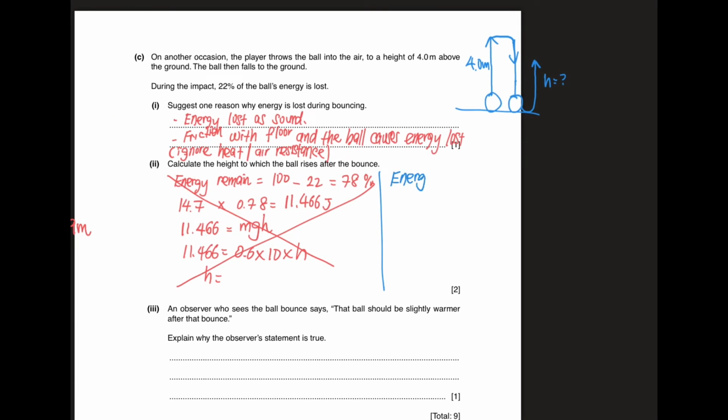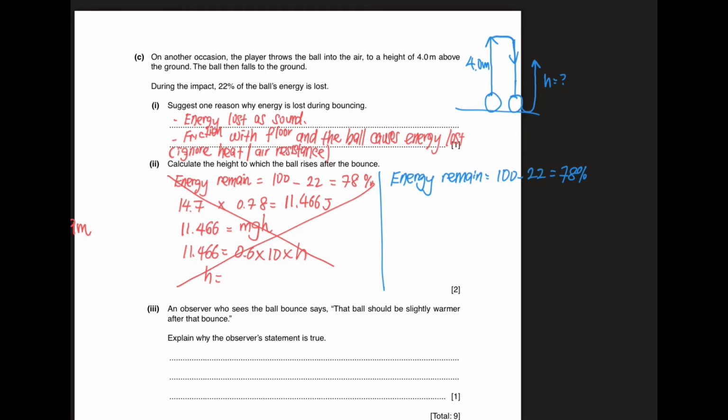The first point, energy remaining, is 100 minus 22, which is 78%. Because let's say during the impact 22% of the ball's energy is lost.